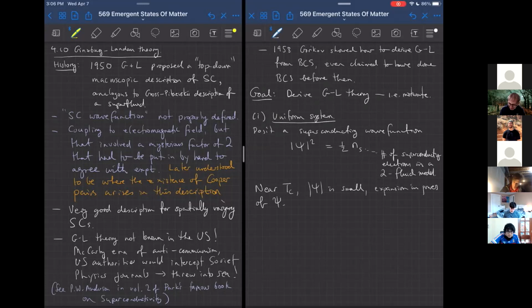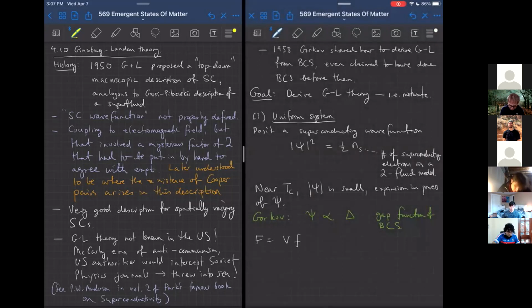And just so that you know what this thing is, in Gorkov's theory, what he shows is that this psi is actually proportional to the gap function in superconductivity. So you'll derive the equations for the gap function in the homework, and those are the equations that really define what psi is.